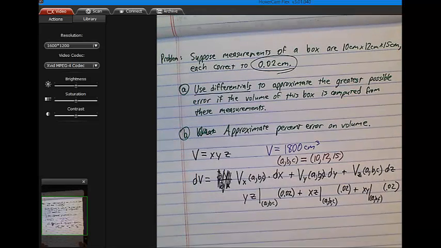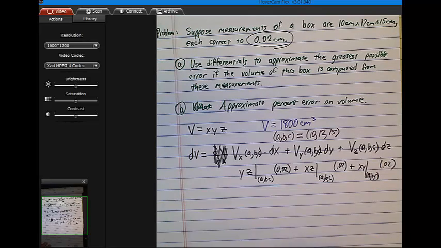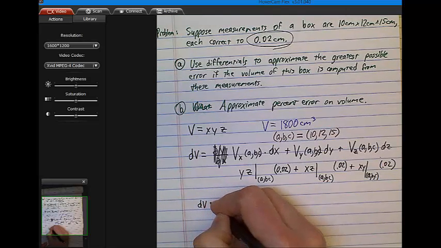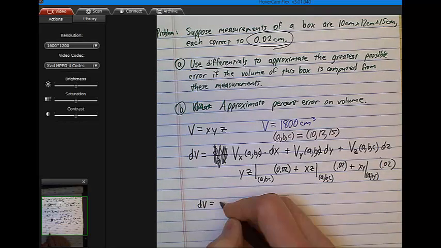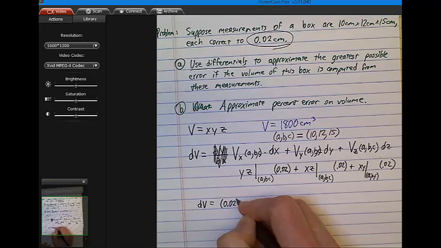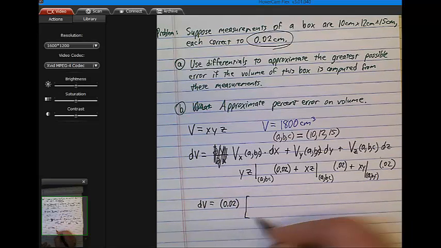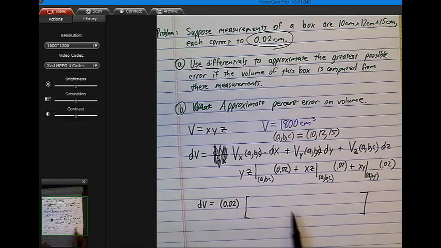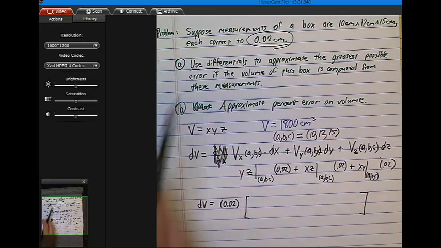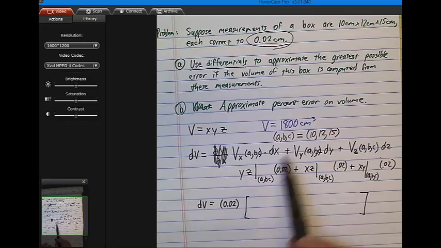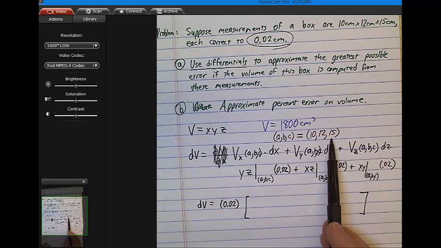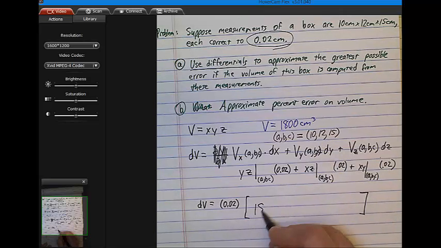All right. So moving on, looks to me like dV is going to equal, let's take this 0.02 and factor it out, because it so happened that each was correct to the same amount. That won't always happen, but it did in this case. And so now where it says y times z, we can just do 12 times 15, right? 6 times 30 is 180, right?